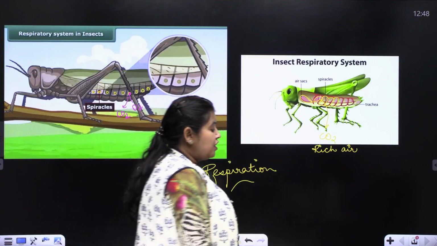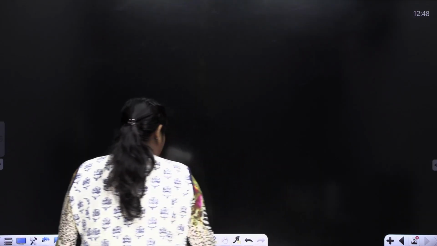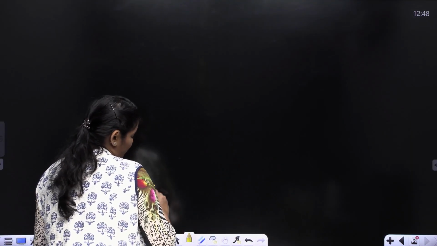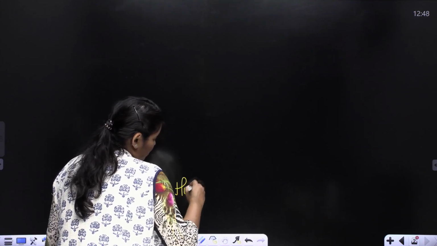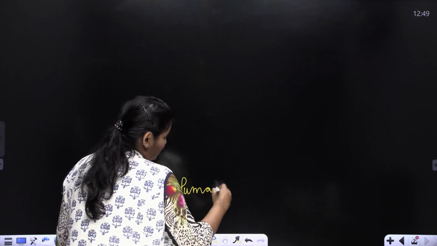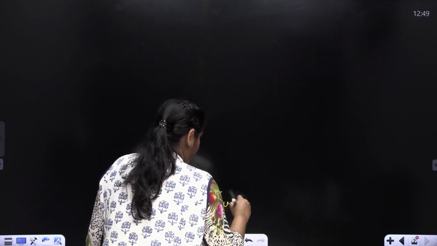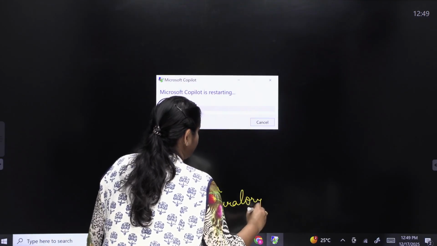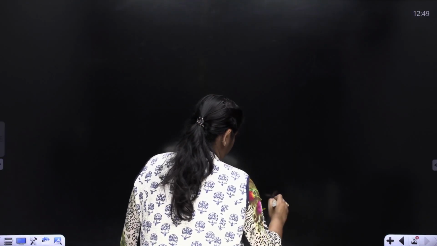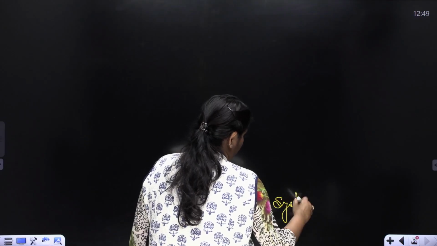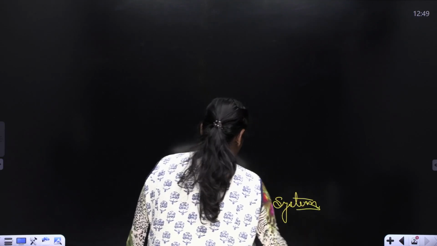Now let us proceed to the next part of the lecture, which is the human respiratory system. So let us take a figure of the human respiratory system first. Let us quickly draw it.